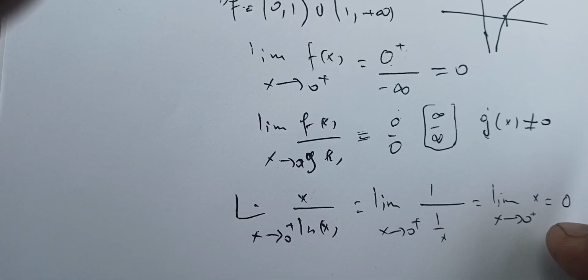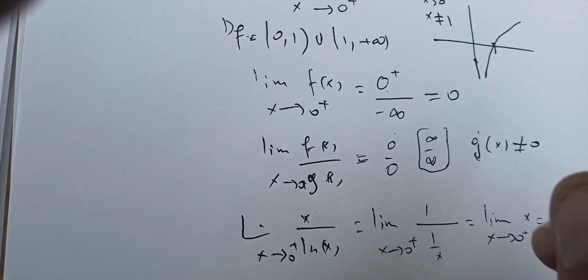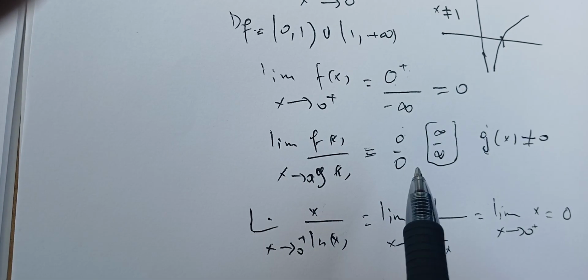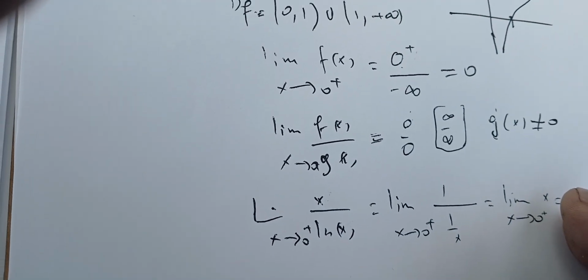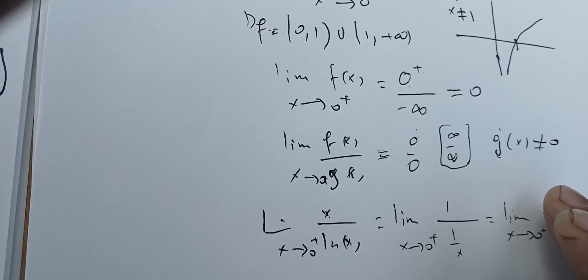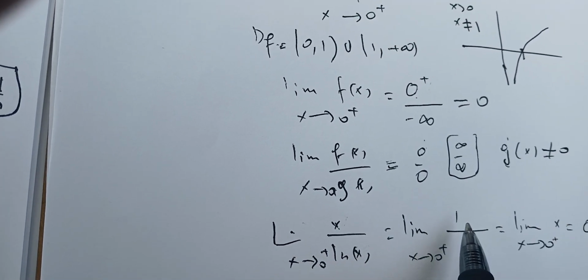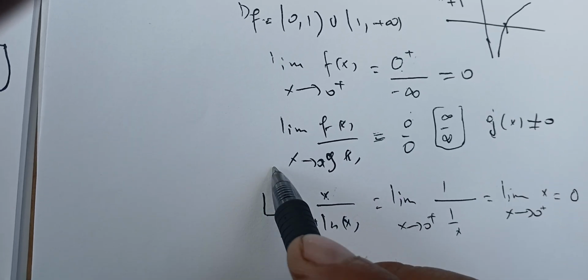So even without worrying about the premises of L'Hopital's rule, we arrive at the same result. This is very crazy. Can you explain why it works here? There is an explanation for this.